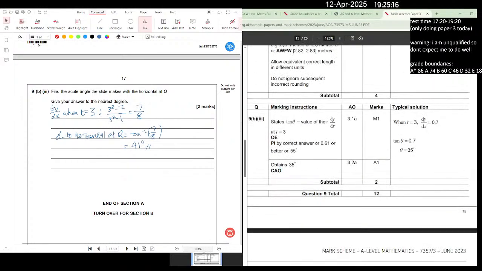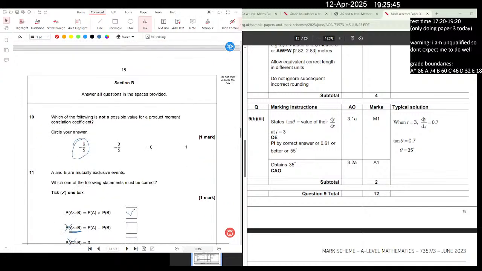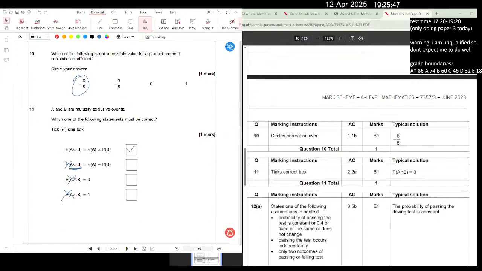Okay, so I'm not getting that 1 mark. Tangent theta. I think this can be a possibly implied method. I mean, I use a correct method. It's just the wrong answer from before. So, okay, this should get 1 mark. Yeah. So, move on. Okay, time for the horrible stats section.